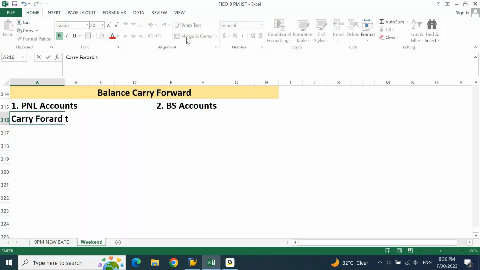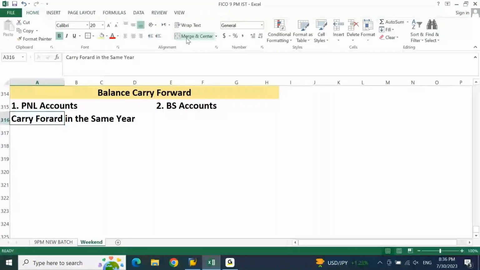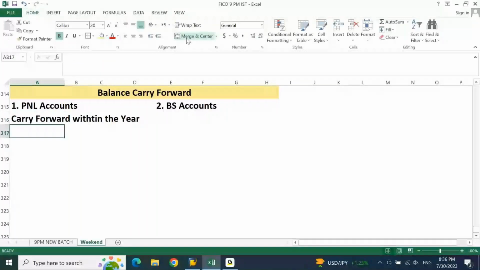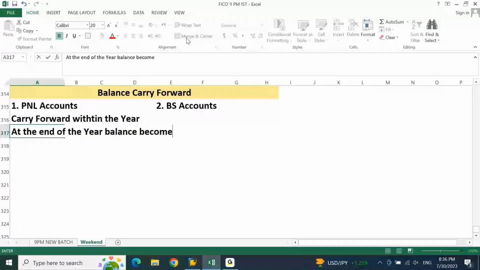Carry forward in the same year, or I'll say carry forward within the year, and at the end of the year balance becomes zero.